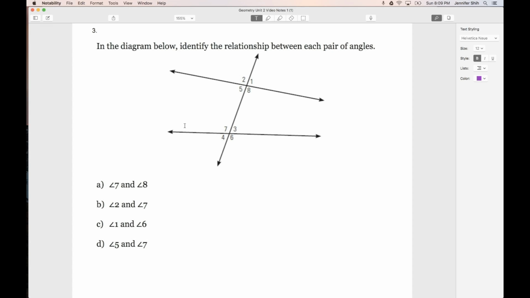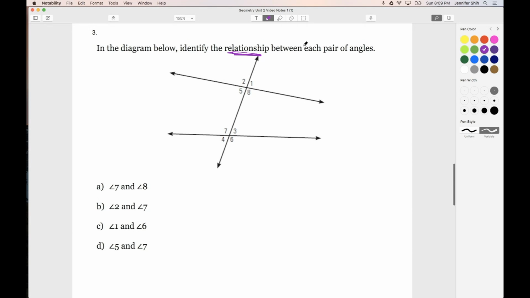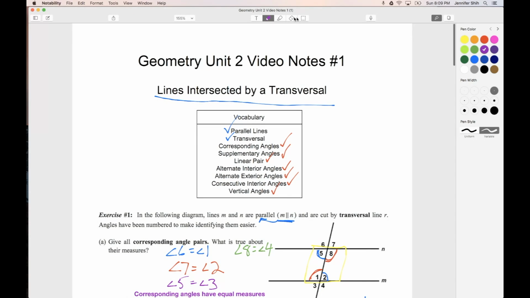For your final exercise, go ahead and copy down this figure in your notebook, and we're going to identify the relationship between each pair of angles. And when it says relationship, these are the vocabulary words that should pop in your head. Scrolling up.